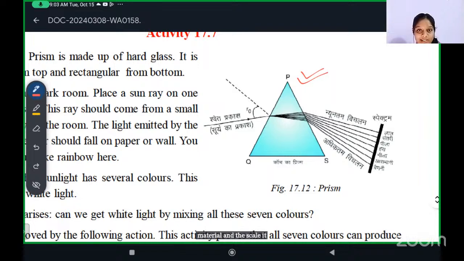Protractor also works. Try out whether it works with other fully transparent materials.